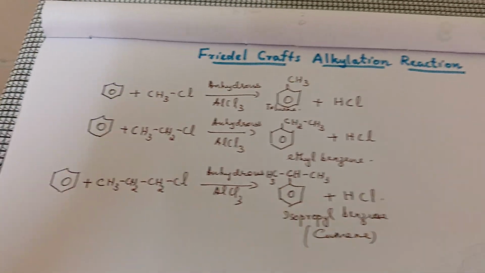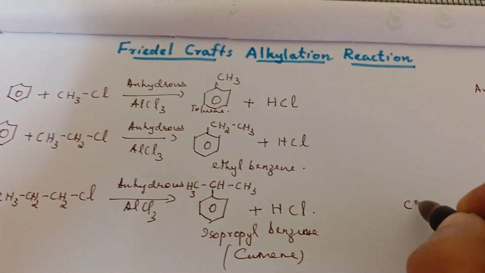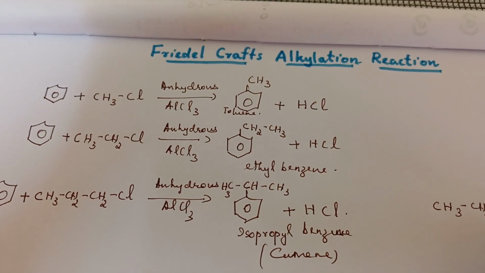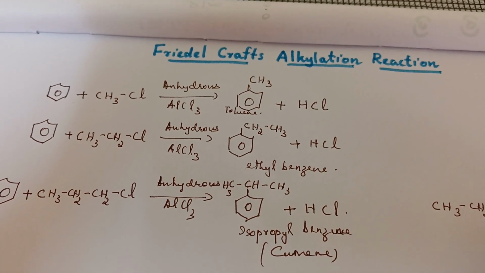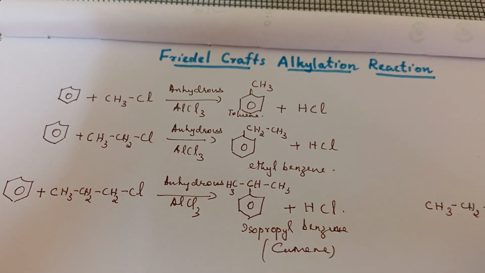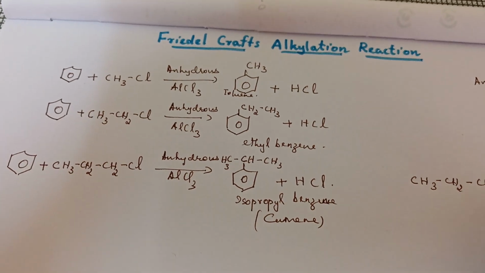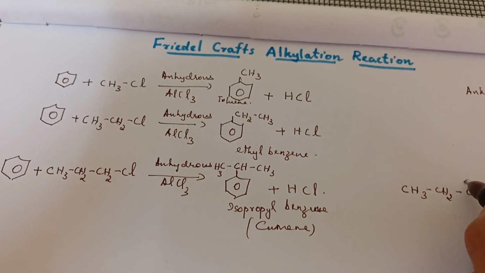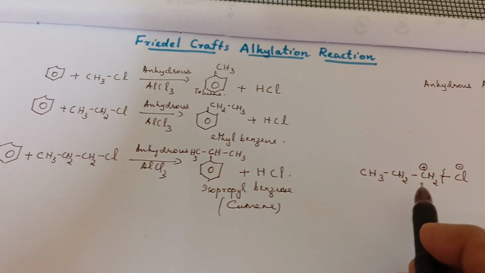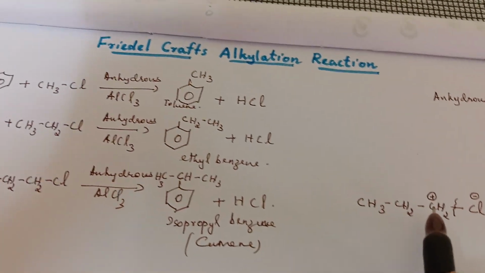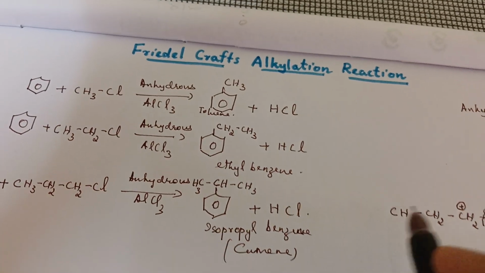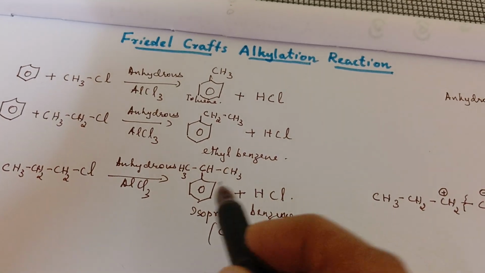Now here you can see that the reagent you used was CH3CH2CH2Cl. Now this bond has broken. Chlorine has gone away with the bonded pair of electrons, a negative charge. Here you get a positive charge on this carbon. But instead of this carbon getting attached with the benzene ring, it is the second carbon which has got attached there.